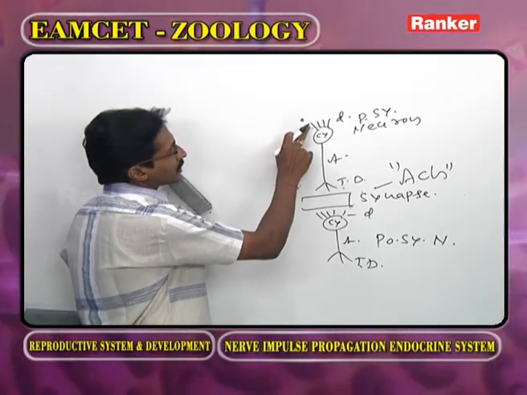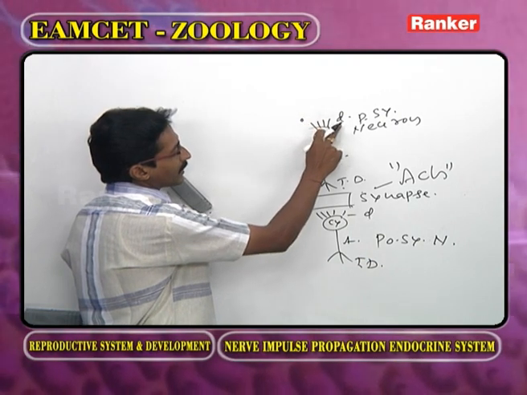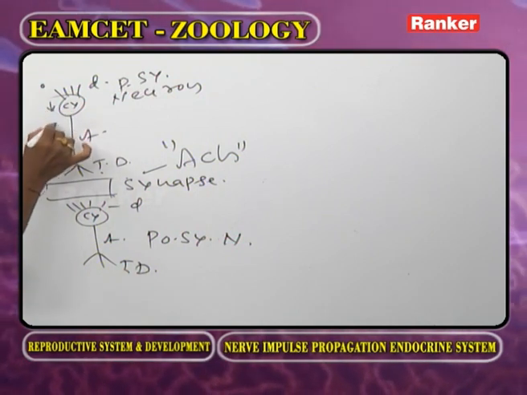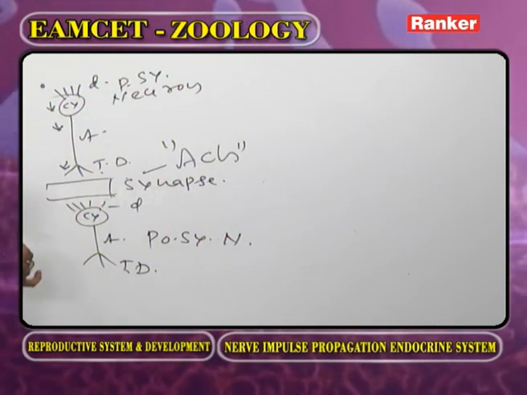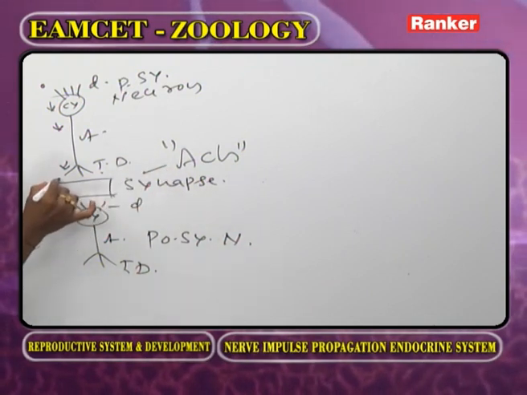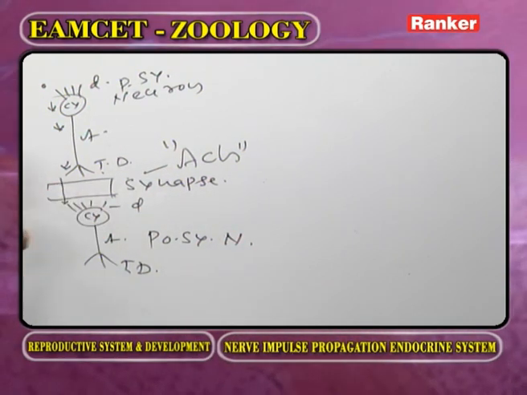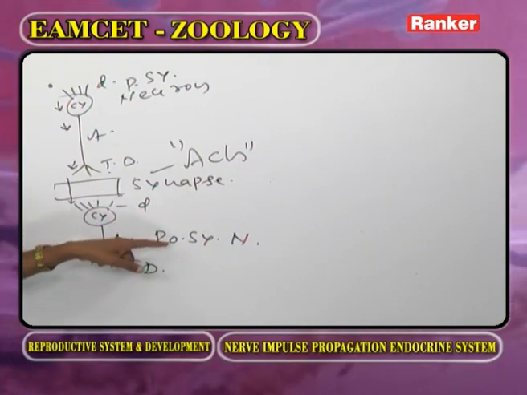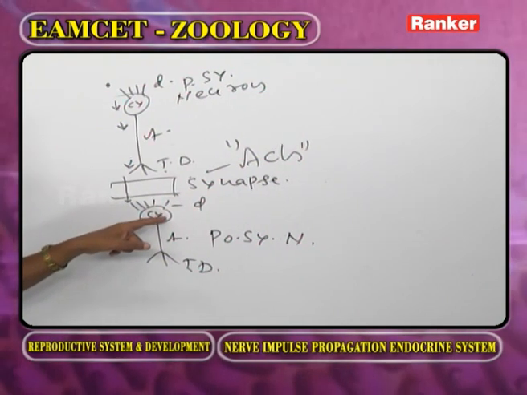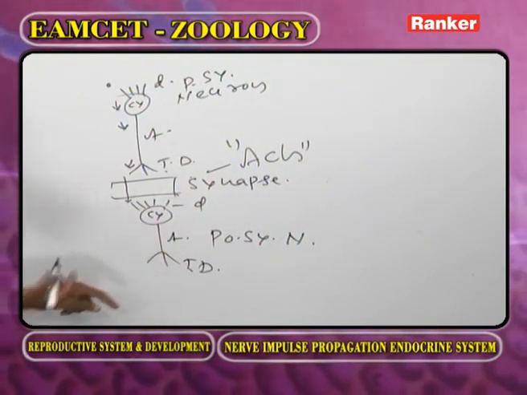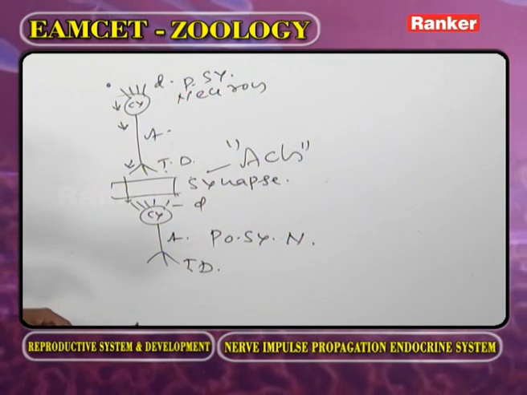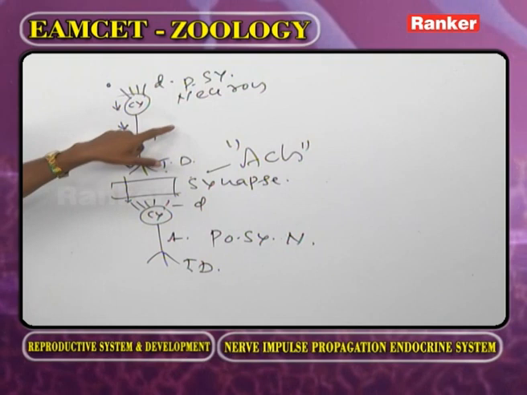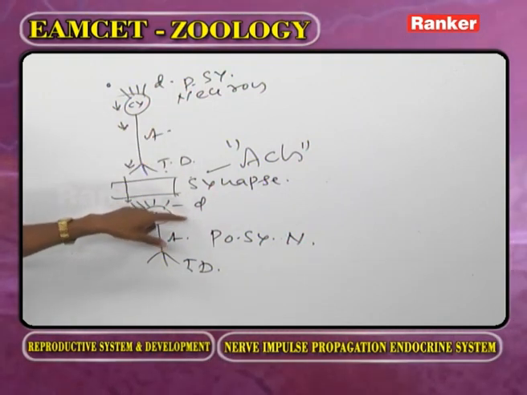First the stimulus is received by the dendrons of the presynaptic neuron, then goes to the cyton, then axon, then teledendrons. Then with the help of acetylcholine it passes through the synapse, is received by the dendrons of the postsynaptic neuron, then cyton, axon, teledendrons. Like that the information passes in one direction. So these are the teledendrons of one neuron and the dendrons of another neuron.